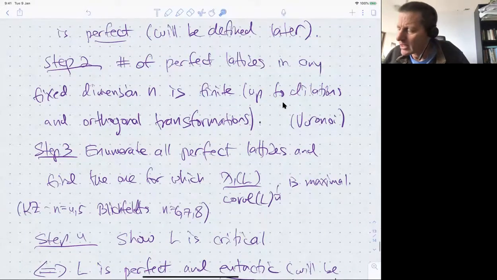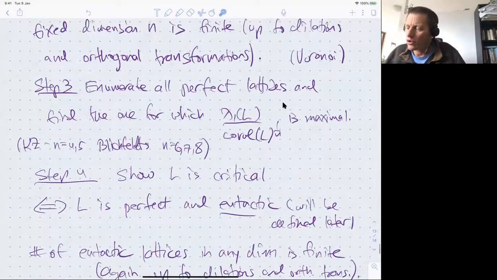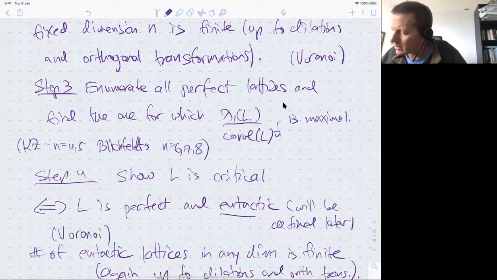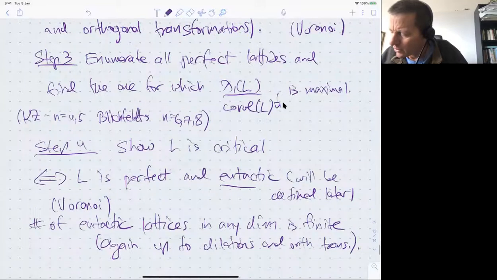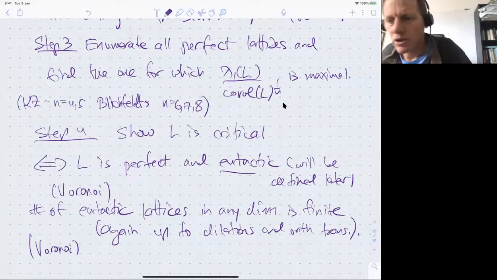And step 4 is very interesting, and it shows that historically it came last. This also is due to Voronoi, both of these facts. And basically what step 4 is showing, it's not strictly speaking needed in this logic, but it's showing that everything that could be done with perfect lattices could also be done with eutactic lattices.